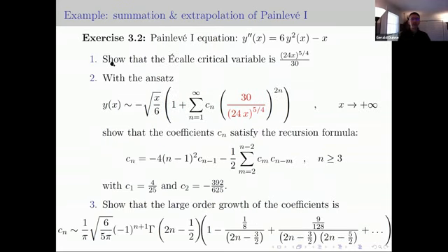So here's an exercise. First of all, show that the critical variable is this by a scaling argument. Once you know that with an ansatz, you can convert the differential equation into this recursion formula and generate lots of these. And then you can numerically resolve the large order growth of the coefficients. And you can even resolve the Stokes constant, which is known in closed form, from this large order growth analysis.